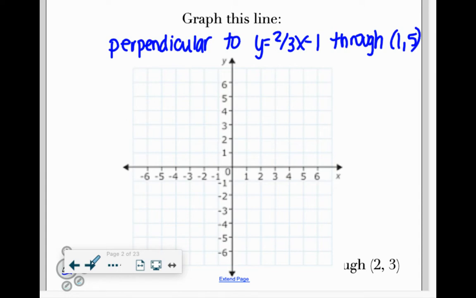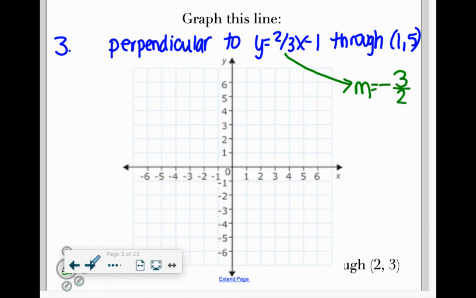Okay, so this is example 3 from the review, and it says graph a line perpendicular to y equals 2/3 x minus 1 that goes through the point (1, 5). So a perpendicular slope to this one is going to be negative because it's opposite, and the reciprocal makes it 3/2 instead of 2/3.